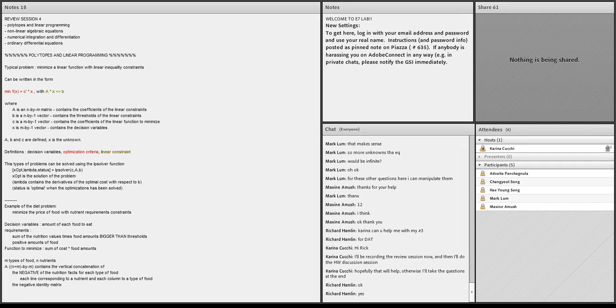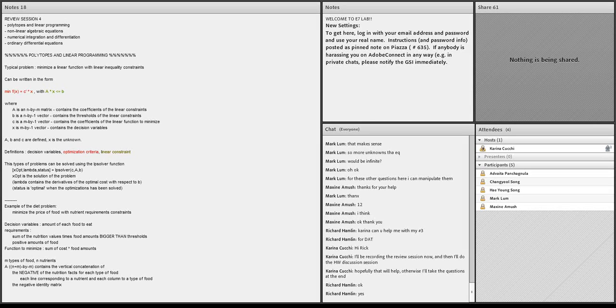So the first matrix contains the negative of the nutrition facts for each type of food. So here you wanted to make sure that the amount of nutrients you had for each type of nutrient was bigger than the thresholds contained in B.